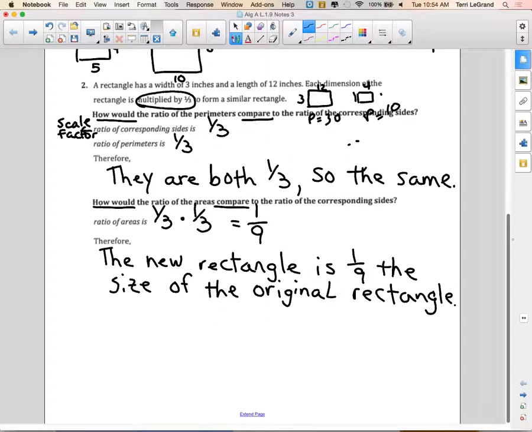Let's say that I've ordered a 16-inch taco pizza. It's 16 inches across, the diameter is 16 inches. Okay, that's a dimension of the pizza. But you are really a big eater, Mrs. LeGrand. I can only eat half as much as you can. So what size pizza are you going to order if you can only eat half as much as me?